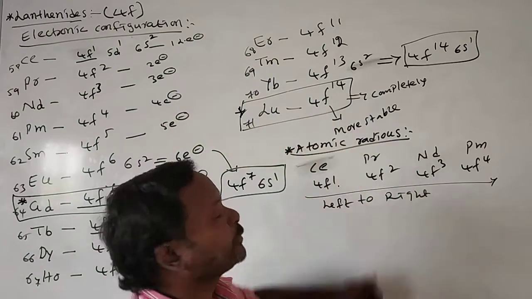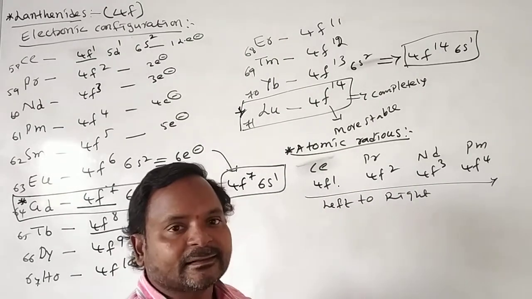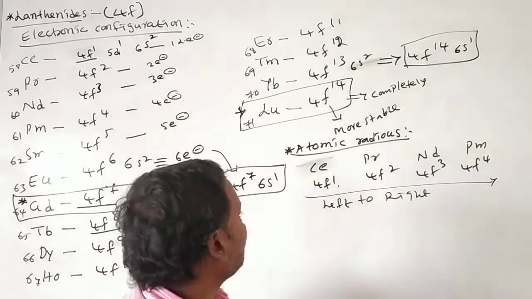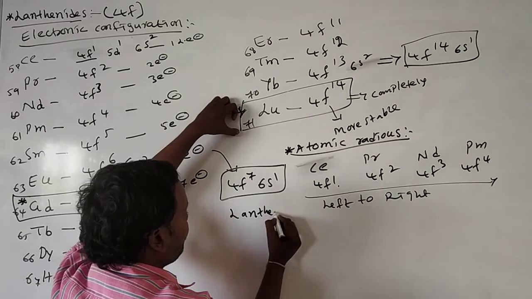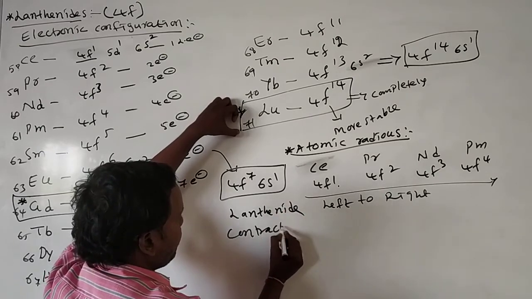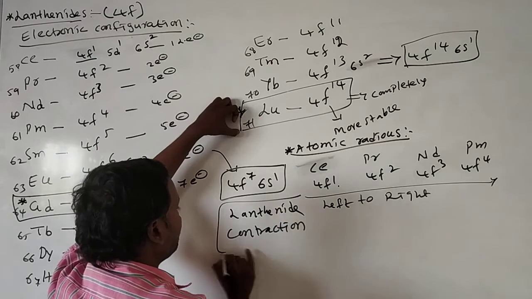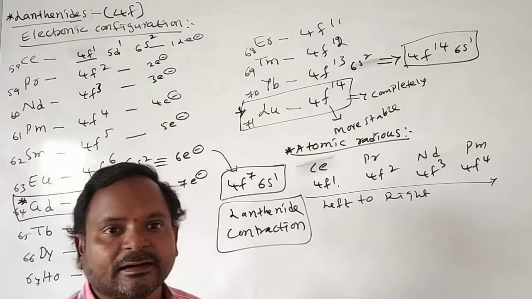That means cerium to lutetium, the decreasing atomic size, is what we call lanthanide contraction.